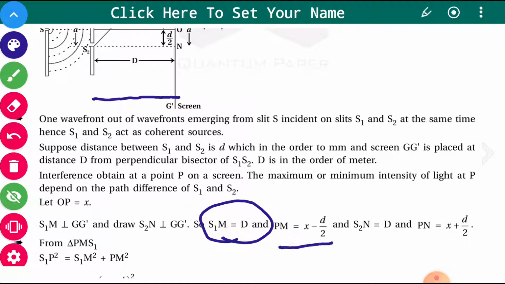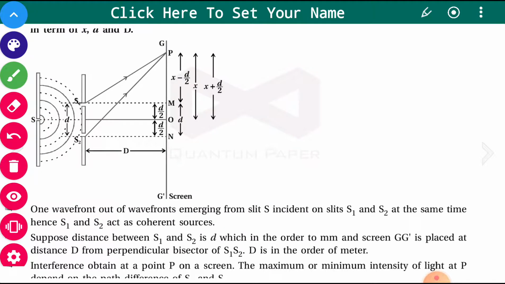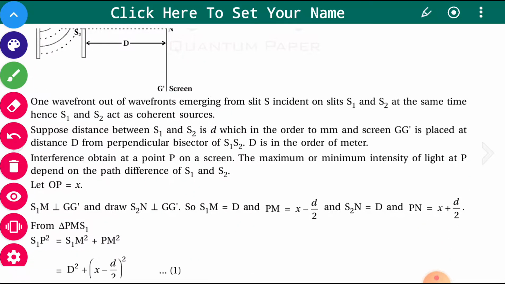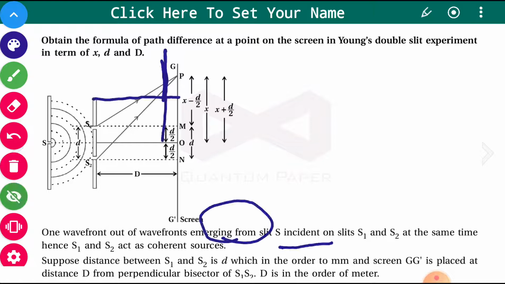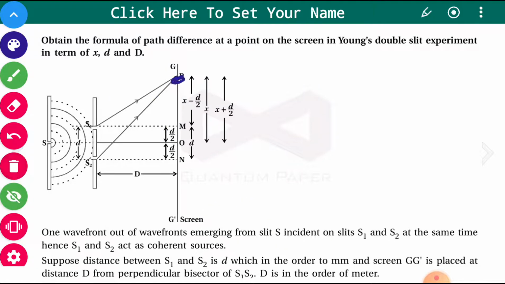So PM, as I have explained, is x minus d by 2. Here P to M, this distance is x minus d by 2, and this distance PN will be x plus d by 2. Considering point P, then P to N, this distance will be x plus d by 2.